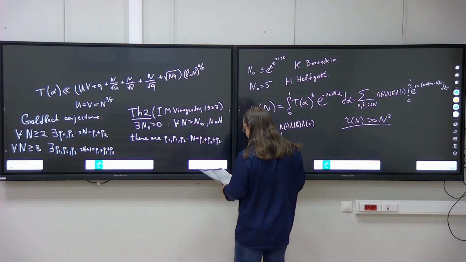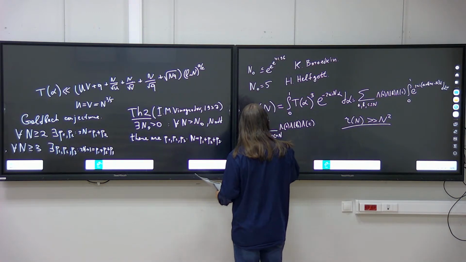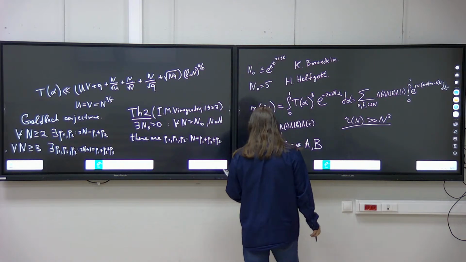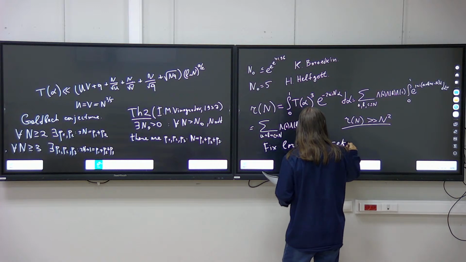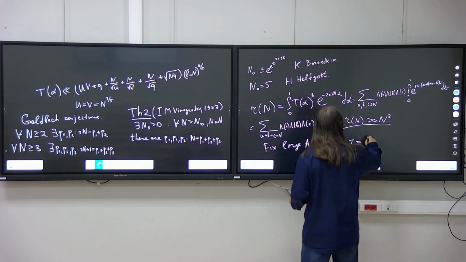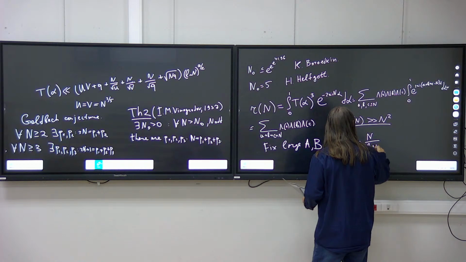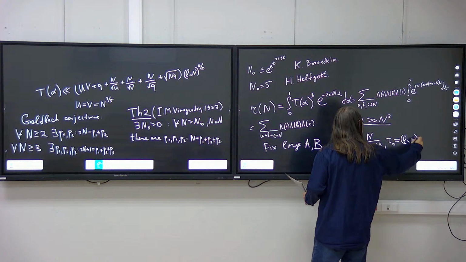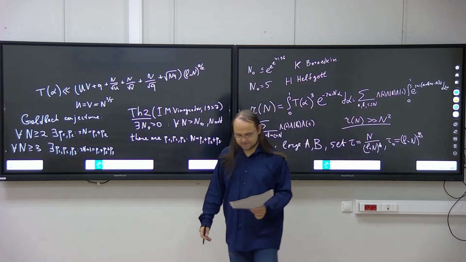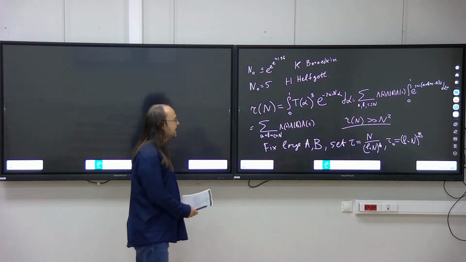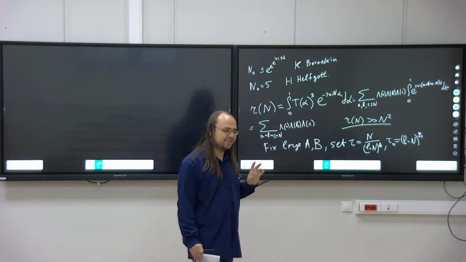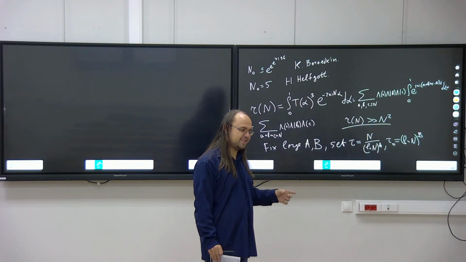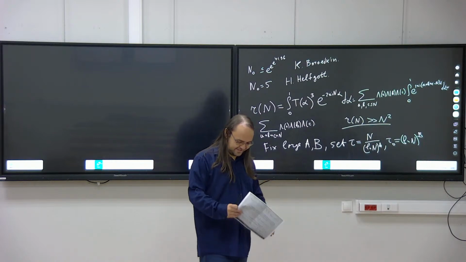Okay, so now fix large A and B and set the following. Tau will be n over log n to the power A, and tau 0 will be log n to the power B. So this is kind of the same as the non-triviality interval for the estimate, right?